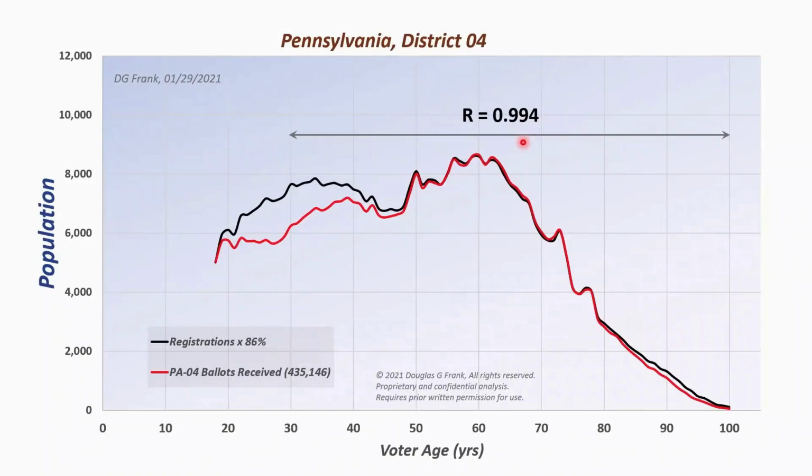Most social scientists that do social science work dealing with people, if they get a correlation coefficient R equal to 0.7, that's really good. If you're doing medical research and you're studying the effectiveness of a drug, if you get 0.6 to 0.7, you're doing great. That's a very powerful drug. Anytime you deal with people, the correlation coefficients tend to be low. So to get 0.994, that's just not natural.